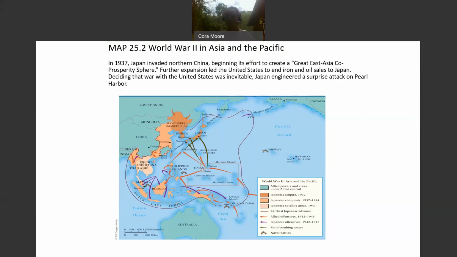They were really big into the trade game and things like iron and oil. One of the reasons for the attack on Pearl Harbor, and for Japan and the United States going at each other at this time, definitely had to do with trade wars. Japan was really big with oil and especially rubber.